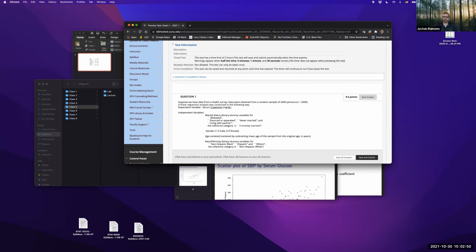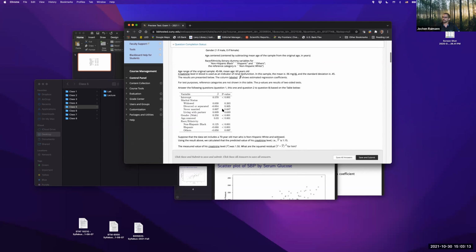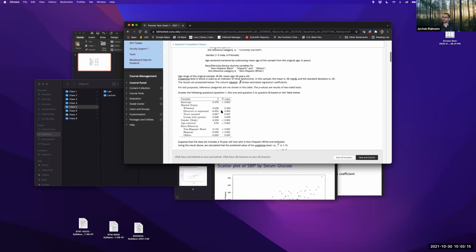So, review. Okay, so we have data from a health survey. Data were obtained from a random sample of 2,000 people. So the N equals 2,000. A linear regression analysis was conducted in the following way: dependent variable serum creatinine, independent variables marital status, gender, age, race. So I think this is fairly self-explaining, right?